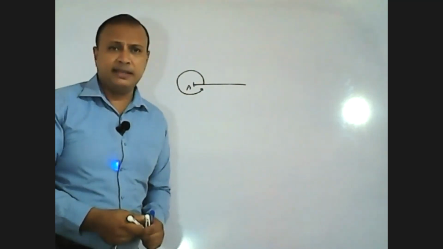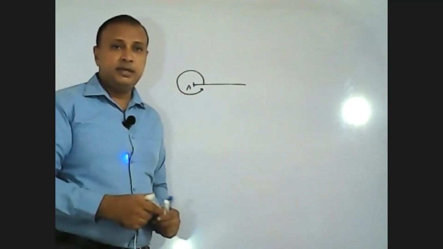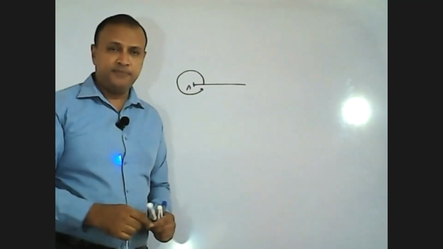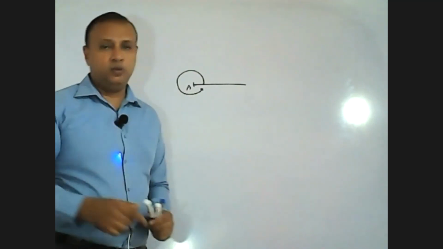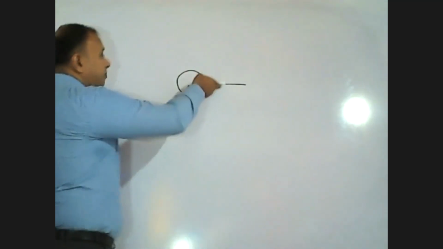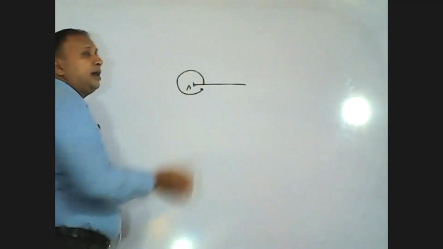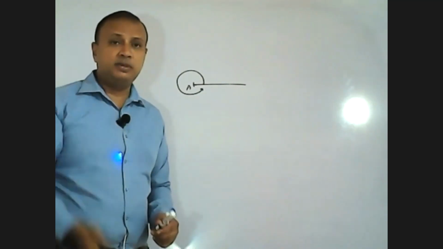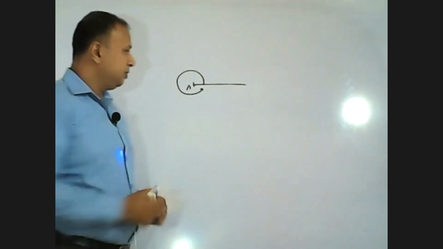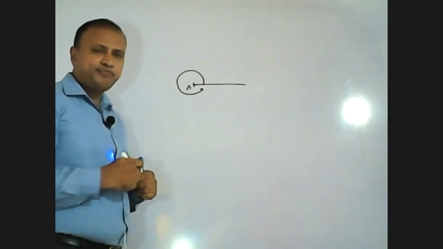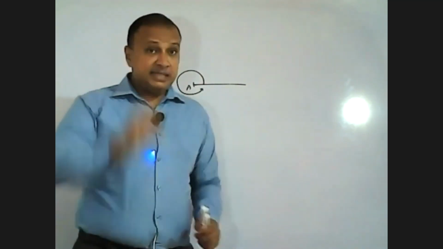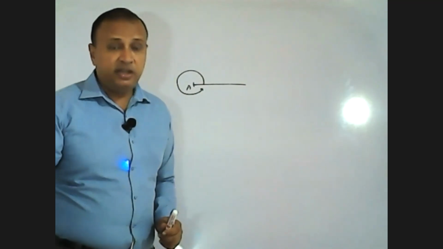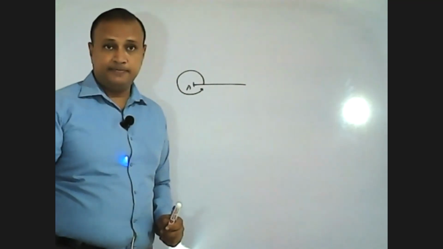So there may be an infinite number of values for angles. That is the basic definition of the angle.